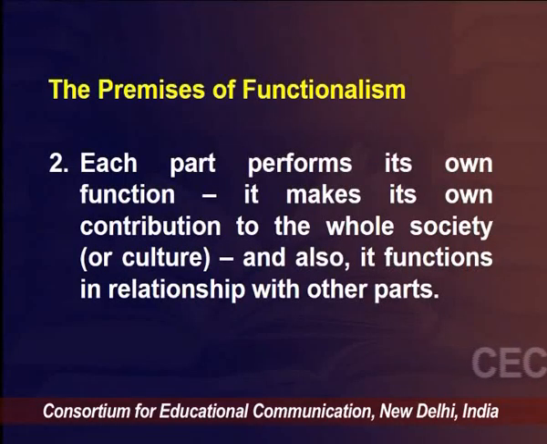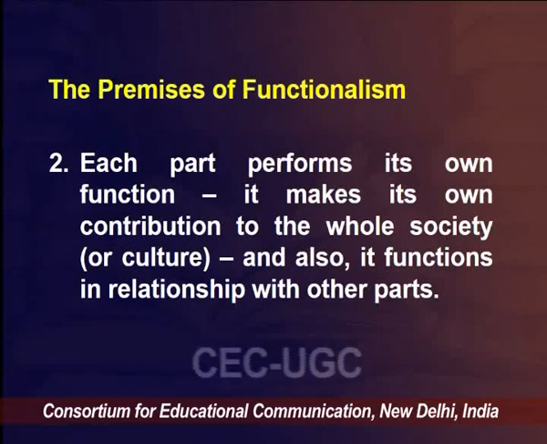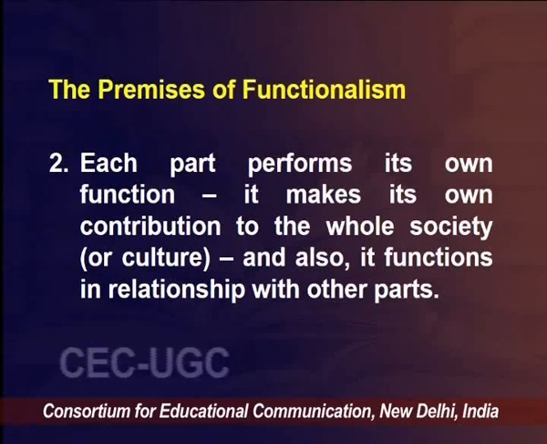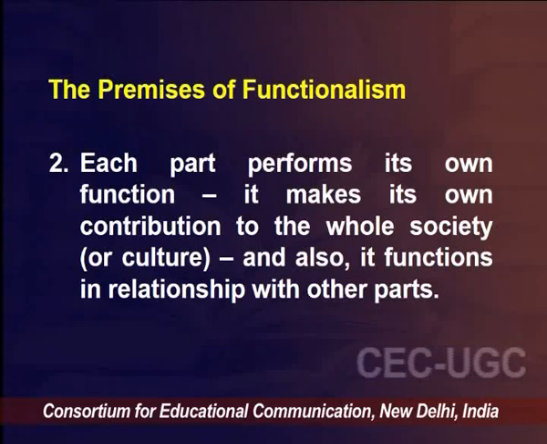This same understanding was applied to society: each part is dependent on the others, there is a relation among them, and they function together to maintain order in society. Each institution, each part of society, has a specific function to perform, and it performs it in such a manner as to maintain the integrity of society as such.